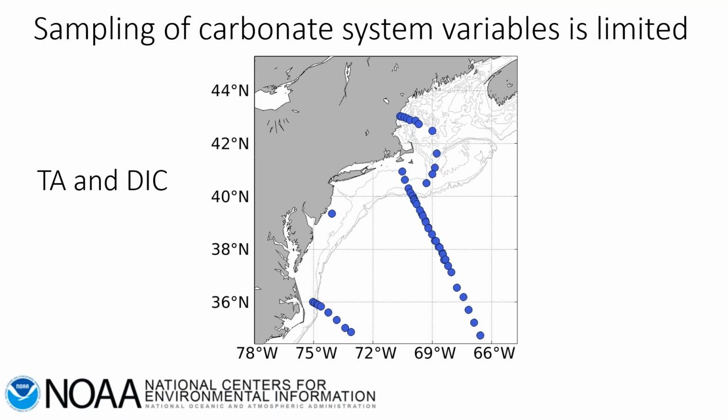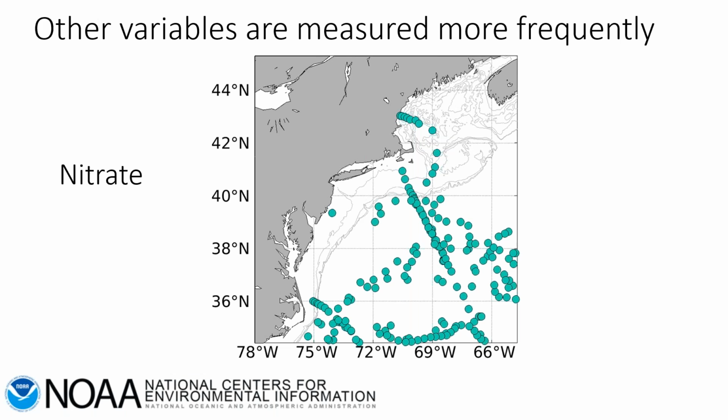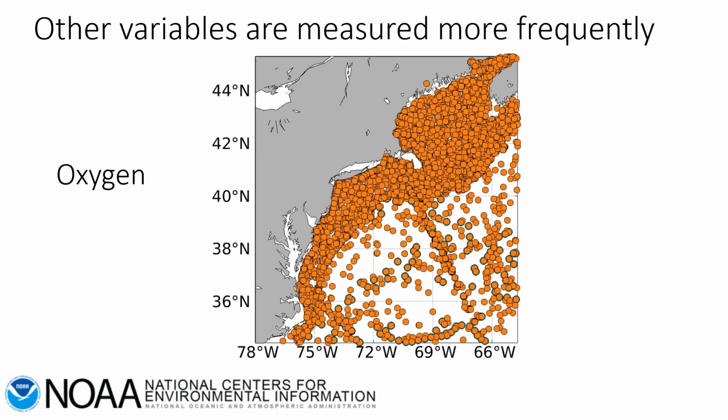So although the subsurface observations of total alkalinity and DIC are limited, we have more observations of other variables, including nitrate, many more observations of oxygen, and all of these data and more include observations of temperature and salinity.